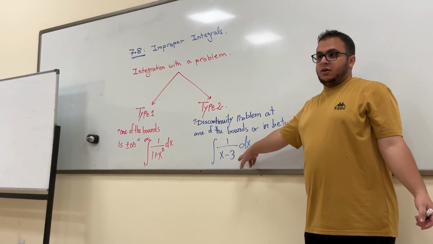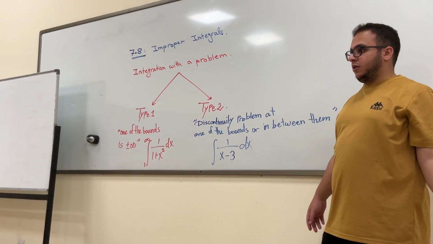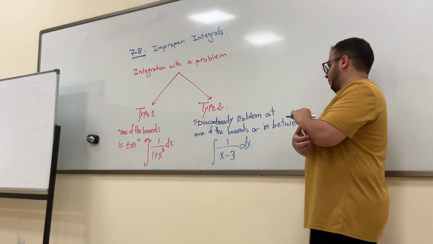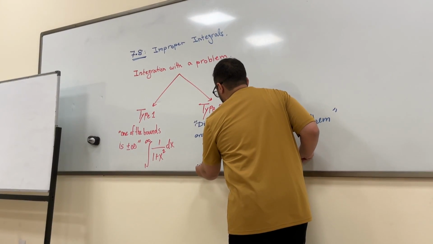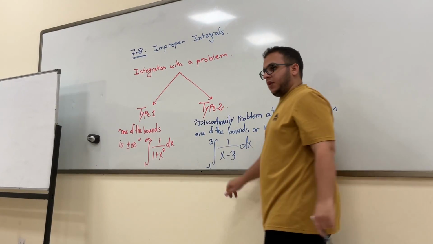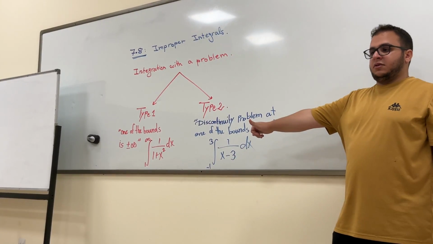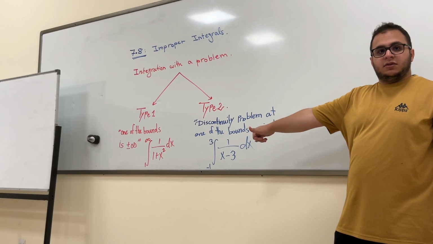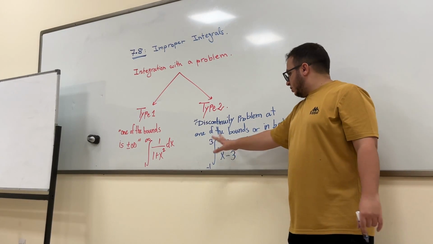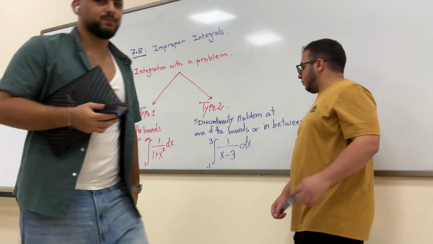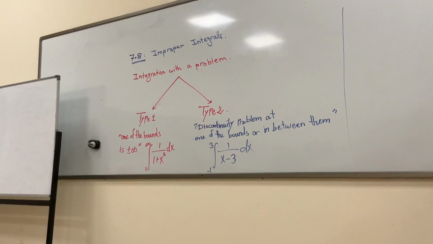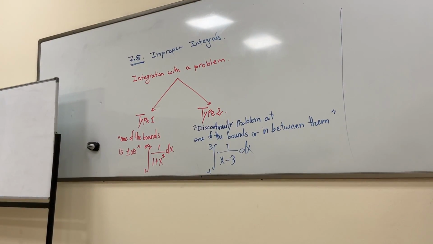At which point? 3. I plug 3, I get division by 0, which is not defined. Okay? So let's say I wanted to integrate this function from -1 to 3. But at 3, I have a discontinuity. So we need to deal with this. We need to try to work this out. Good?